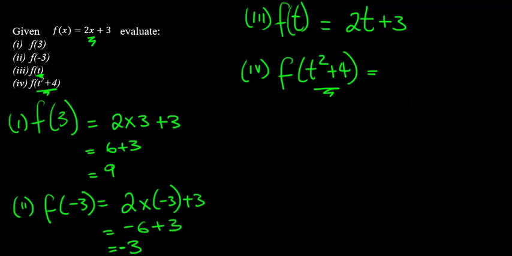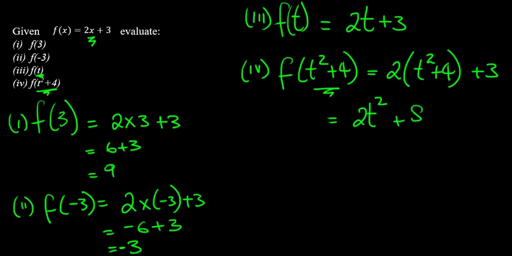So instead of writing 2x, we're going to write 2 times all of t squared plus 4. So when I do that, 2 times t squared is 2t squared. 2 times 4 is 8. And now I can combine 8 and 3 since they're alike. So that's going to be 2t squared plus 11. So the whole idea is that whatever we see in our input section, that's what we're going to put in our function.